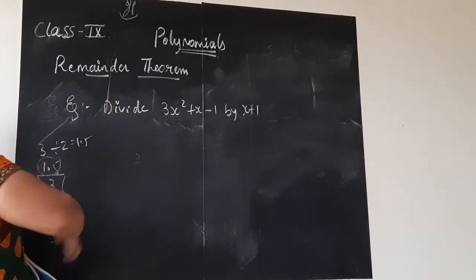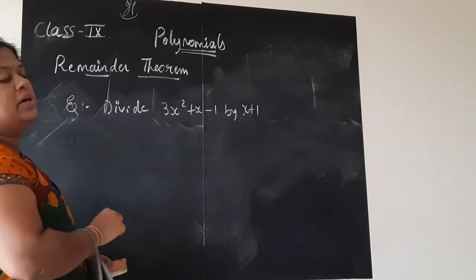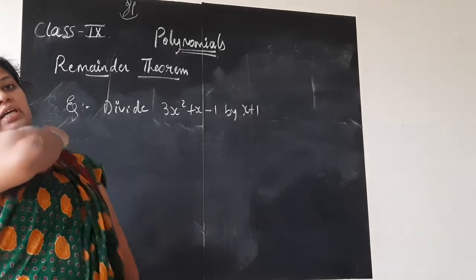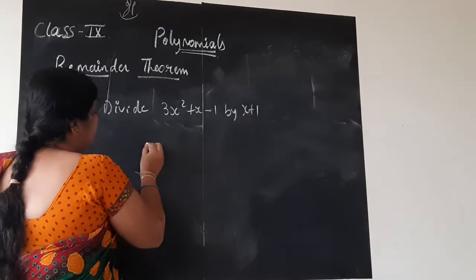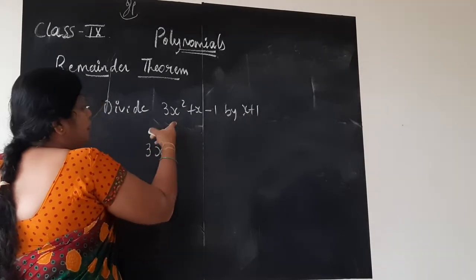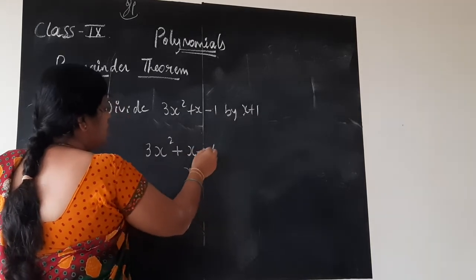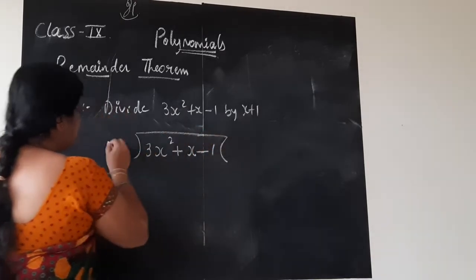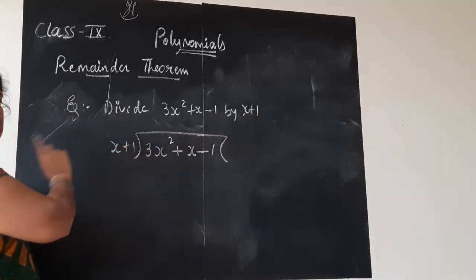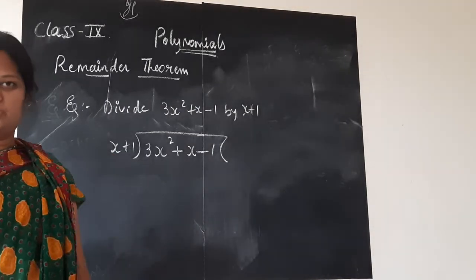Similarly you are going to do this actual division method, but you are dividing your polynomial by the binomial. To do that, the first step is, children, write the polynomial 3x square plus x minus 1, which has to be divided by x plus 1.